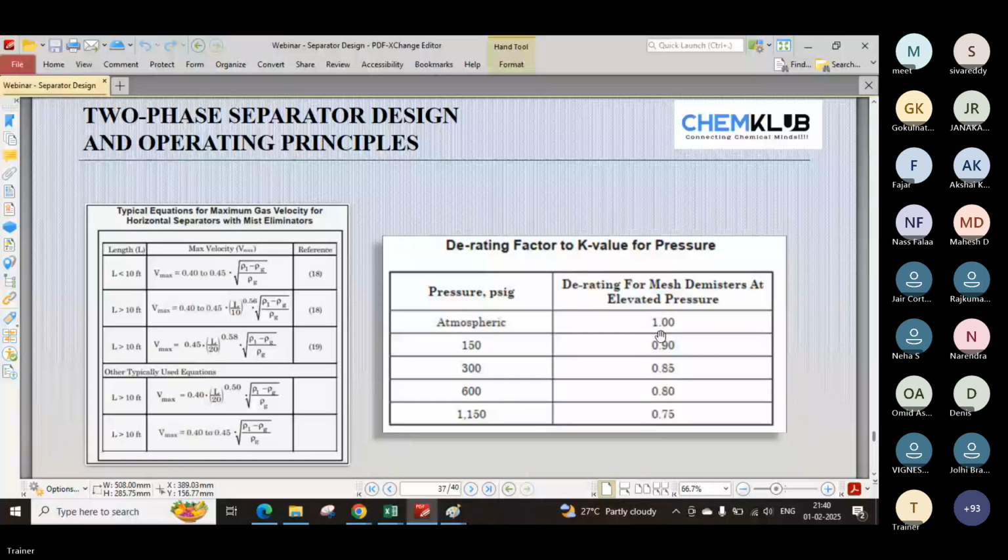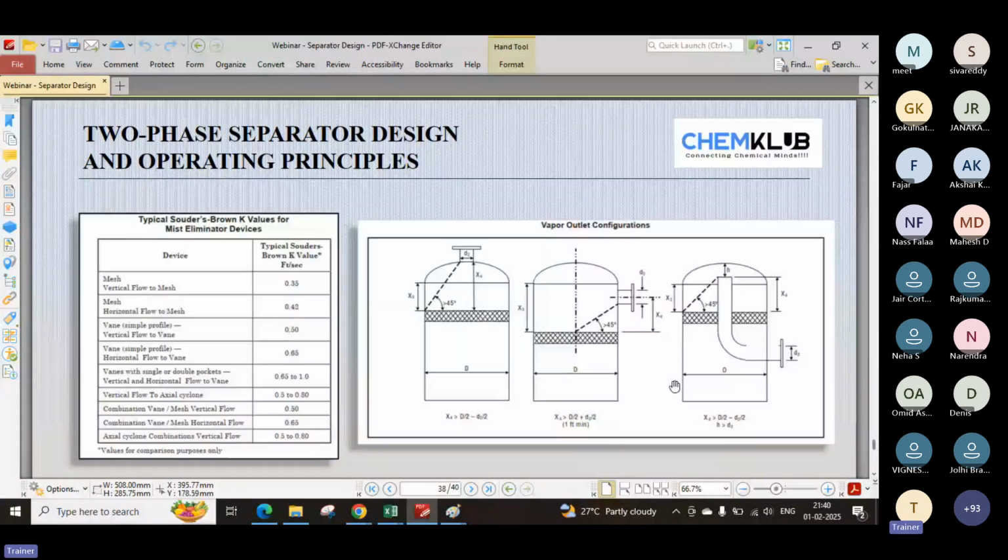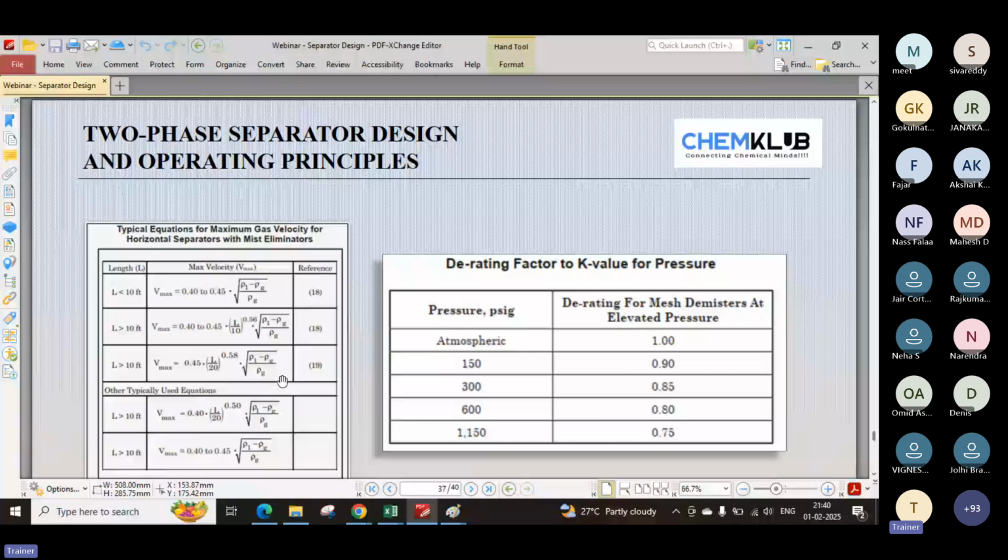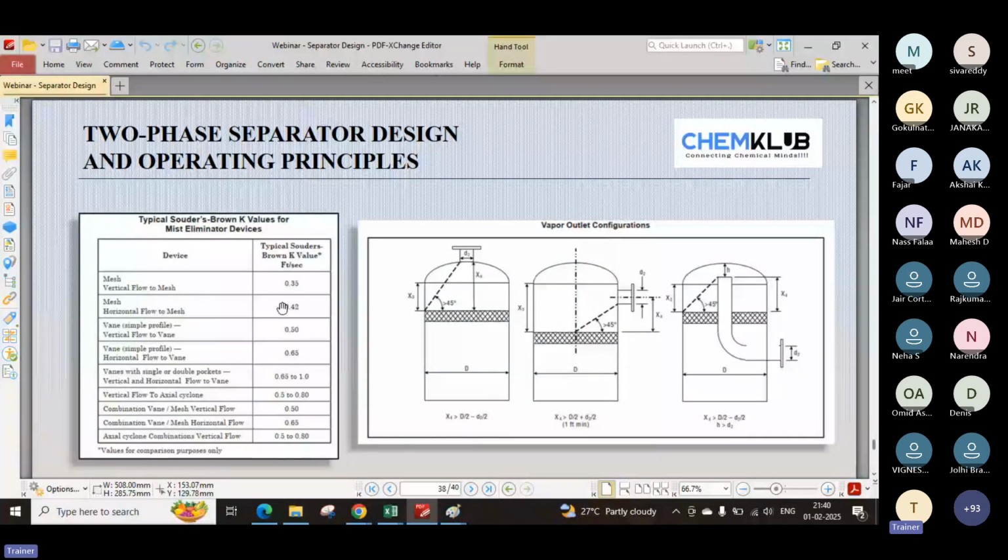Okay, you might multiply the Vt or the Vmax value by this vector. There are some other typical values given for the K value. Earlier one was for the Vmax or the Vt, whereas these are typically the K values, the Souders-Brown equation K values.